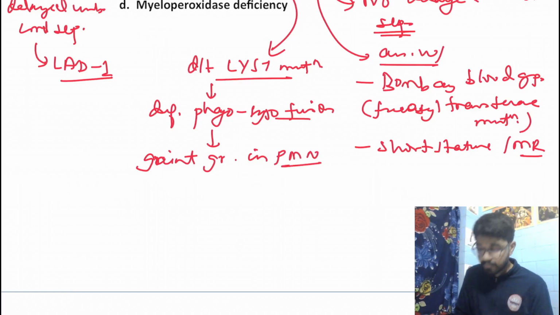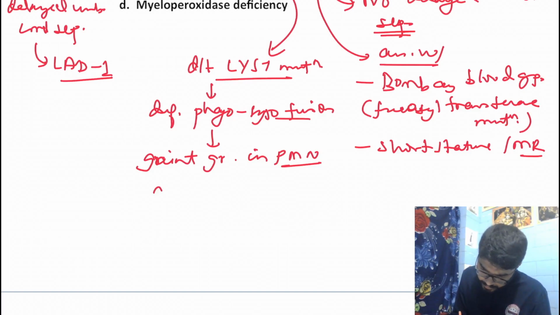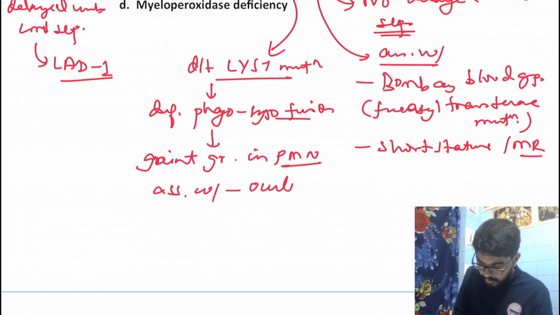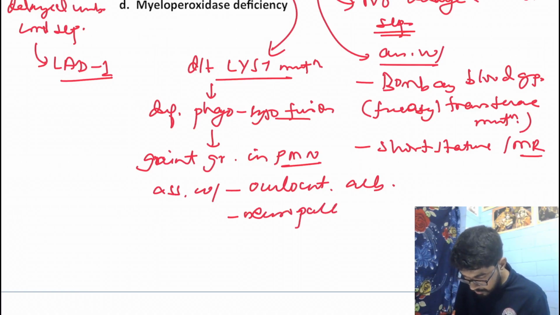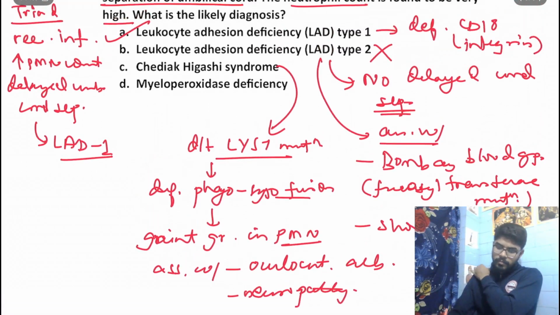Giant granules in our polymorphonuclear neutrophils, right? And ineffective clearance of the bacteria. Remember that Chediak-Higashi syndrome is also associated with oculocutaneous albinism and neuropathy, right? So this cannot be our answer.